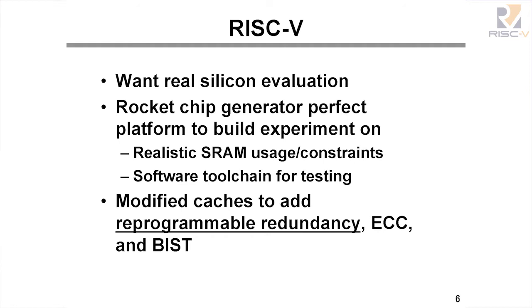What we'd really like to do is just implement this at the RTL level. And so luckily, we were able to use the Rocket Chip generator to generate a baseline processor. And then we went in and modified the caches and added a BIST around the SRAM to implement these techniques that I'm going to talk about next.